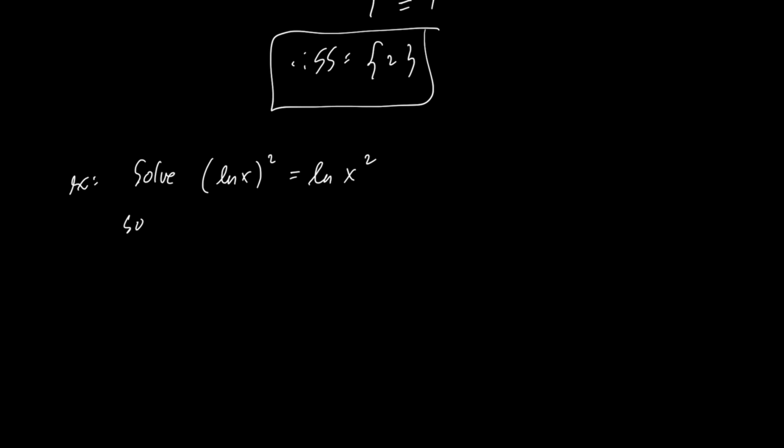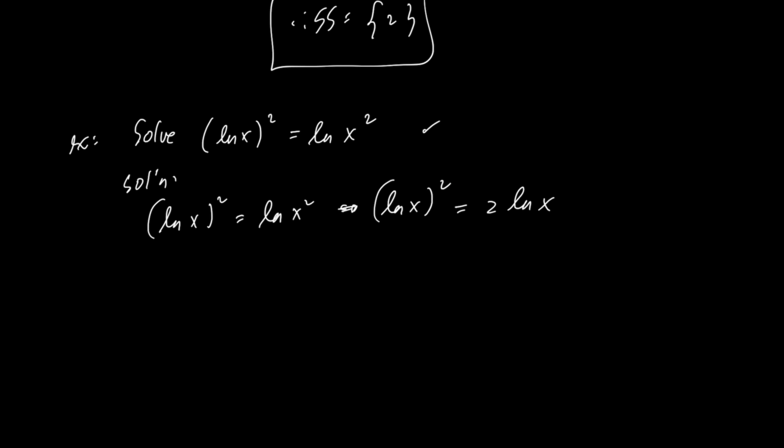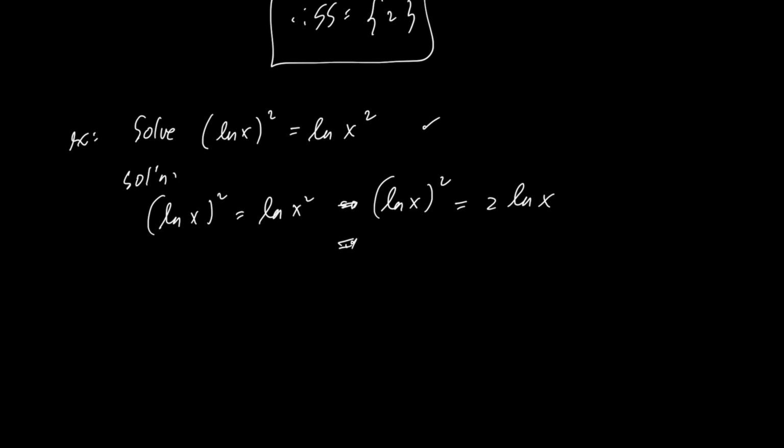So to solve this one, we have ln of x squared equals (ln of x) squared, which is just equivalent to ln of x squared equals 2 ln of x. Remember the rule number 7. So from here, we have ln of x squared minus 2 ln of x equals 0.